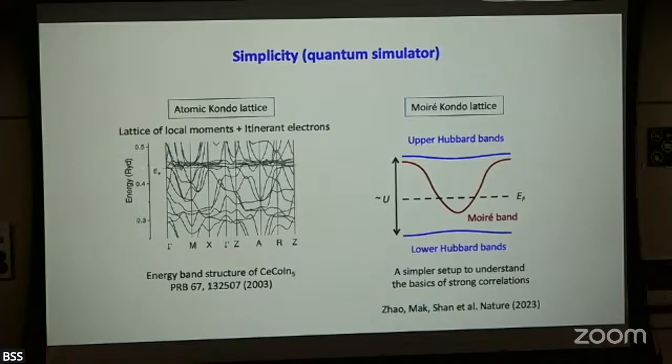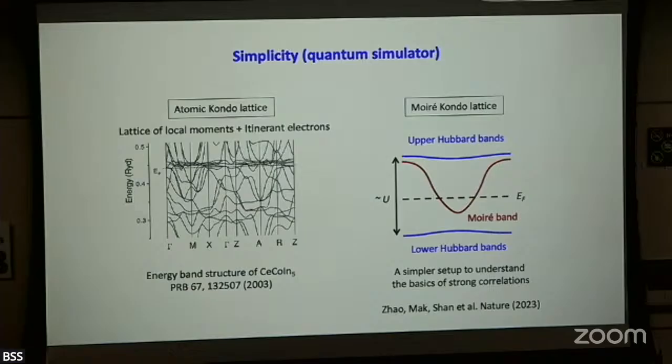What we care about is some flat bands, which describe localized magnetic moments, and some itinerant electrons, the dispersive bands near the Fermi level. But in real material, this is what you usually get. It's a spectrum. And you can write down a Hamiltonian for those two ingredients and introduce some coupling between them, and you can solve the problem, although with a lot of challenges we heard.